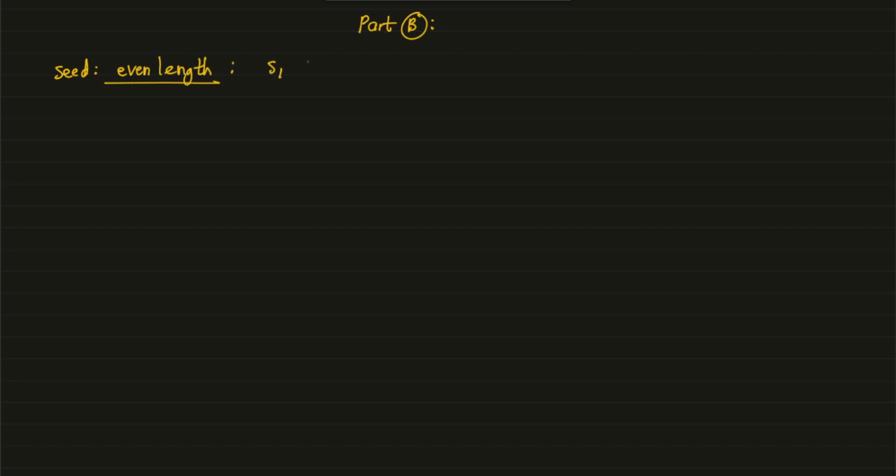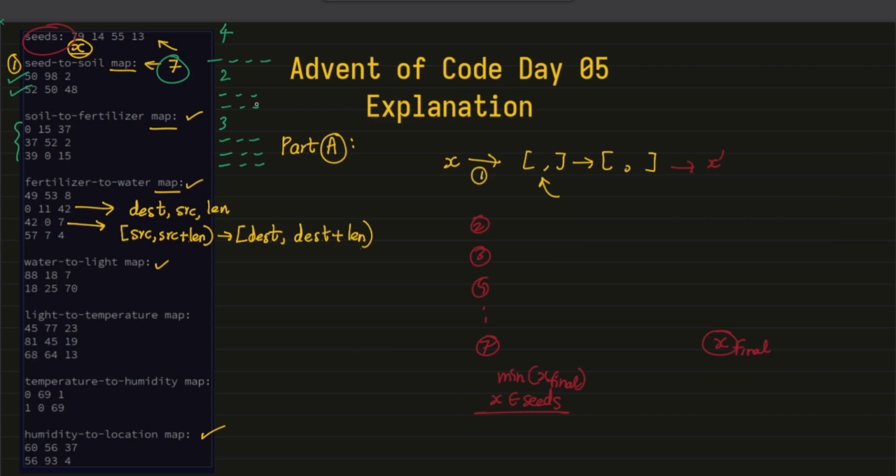So let's say S1, S2, S3, S4, like this. If this is even, so 2n minus 1 and 2n, we need to treat these two as pairs, one after the other, and so on. So the first value denotes, what does it denote?